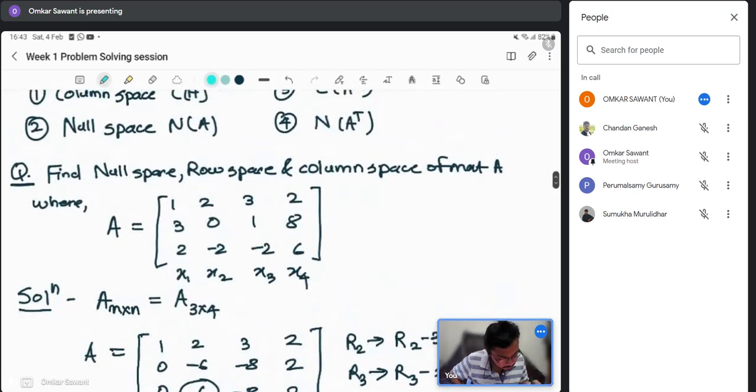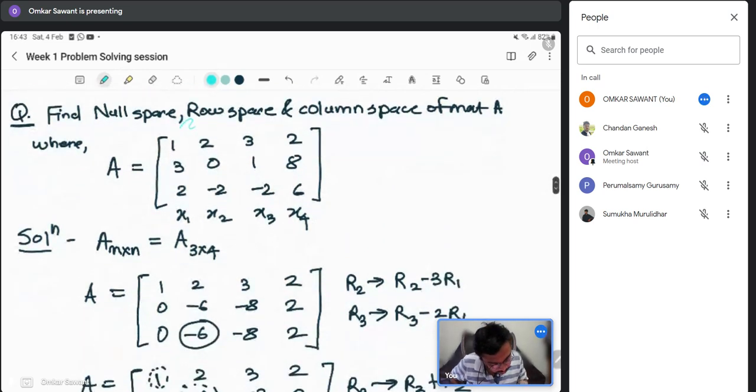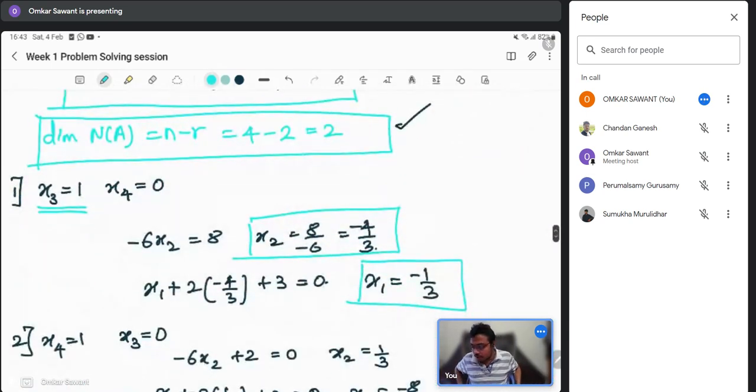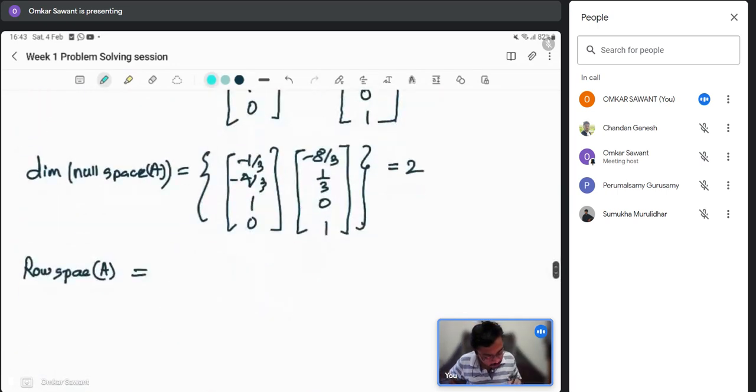Wait a second. Sorry, your row space will be this. The basis vectors will be your row space. Sorry, wait. My mistake. We are calculating the column space, right?